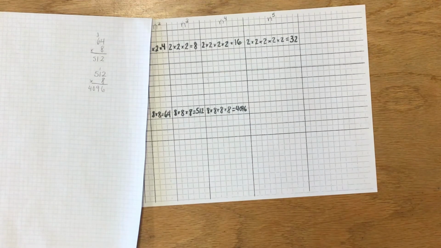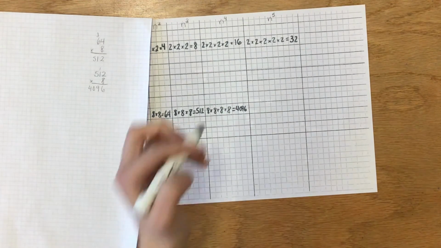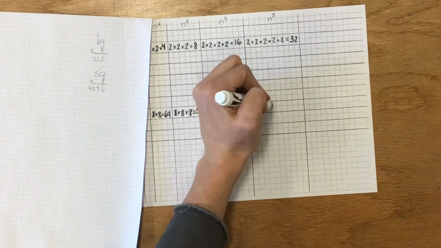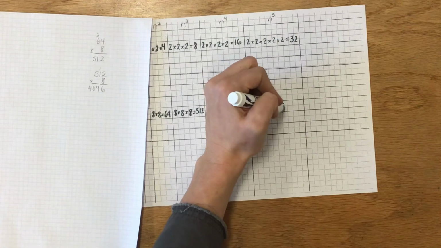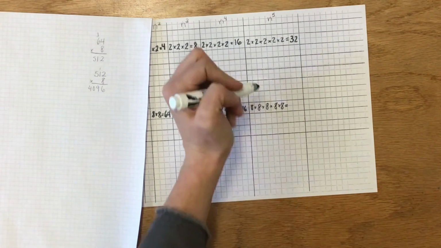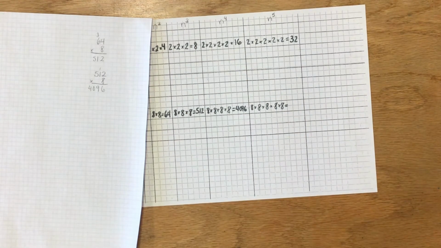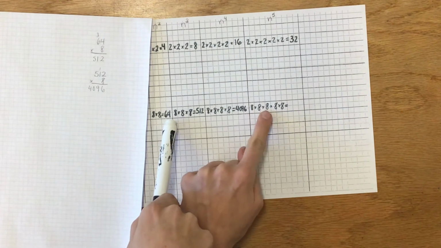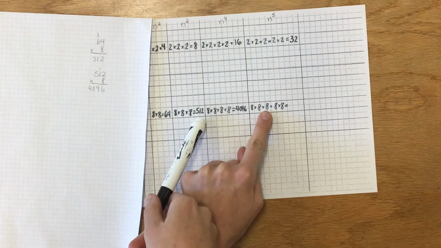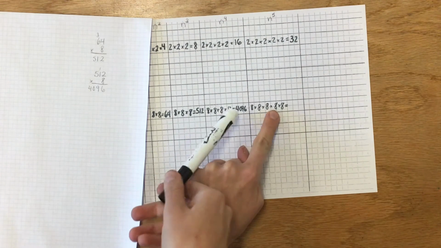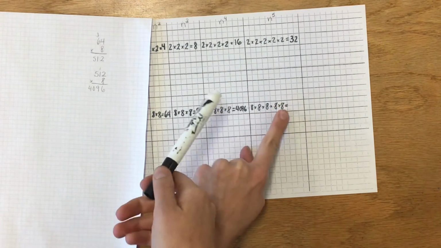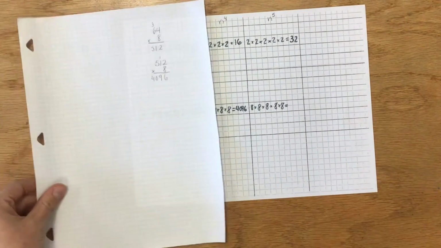Last but not least is 8 to the power of 5. 8 times 8 times 8 times 8 times 8. All right, so let's backtrack. 8 times 8 is 64. 64 times 8 is 512. 512 times 8 is 4,096. Now we need to do 4,096 times 8.